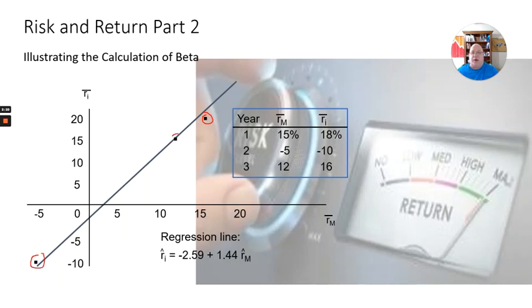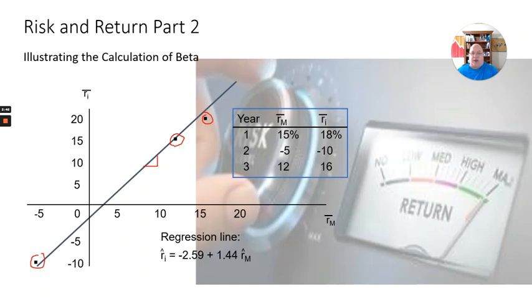When you line them all up, in a regression you do something called ordinary least squares. You're trying to figure out how far away these data points are from what the actual were for the market, and find the line that represents the least distance between a straight line going up through those points or near those points. You end up with beta, which is the slope of the line.